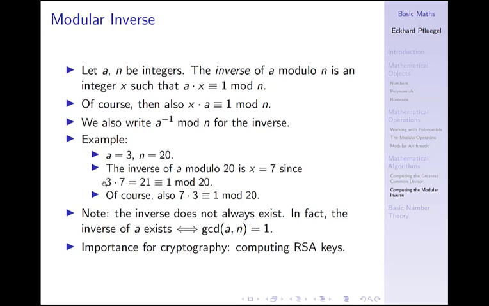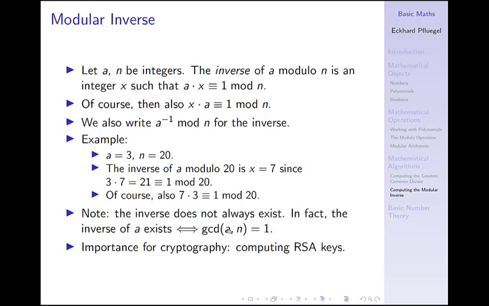So for small numbers, it's fairly straightforward just to do trial and error, and you can work out the modular inverse. Sometimes, though, it doesn't exist. It doesn't always exist, and in fact, we can state exactly the condition under which the inverse will exist: if and only if the numbers a and n are coprime.